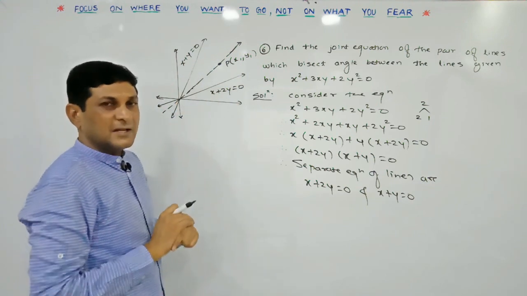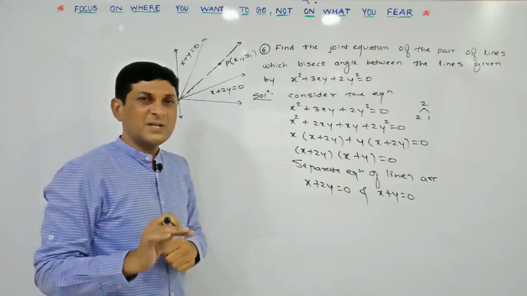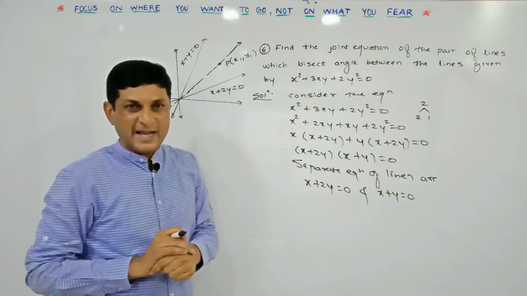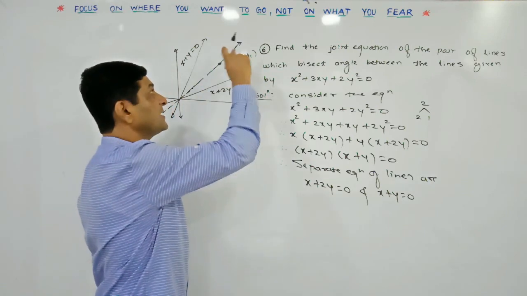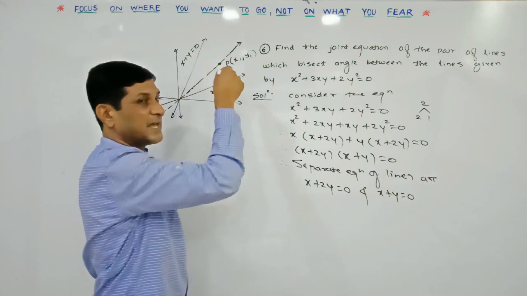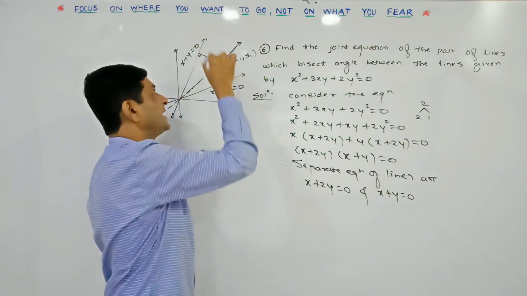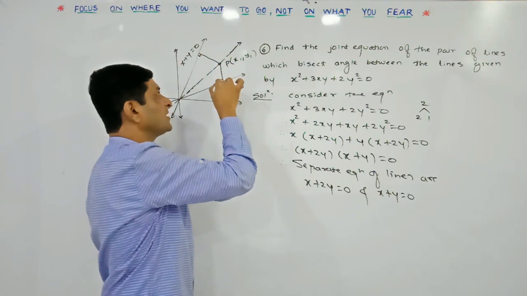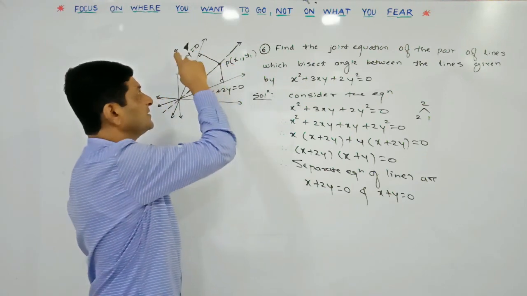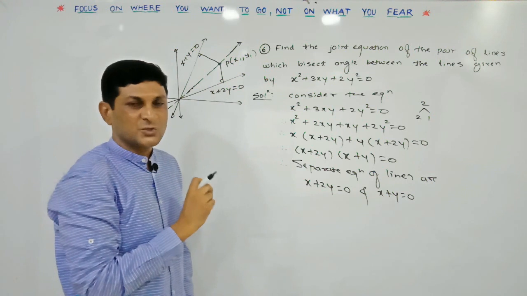Now we have seen one property of the angle bisector: if a point lies on the angle bisector, then it is equidistant from the two sides of that angle. So point P is equidistant from these two sides, that is, from these two lines.